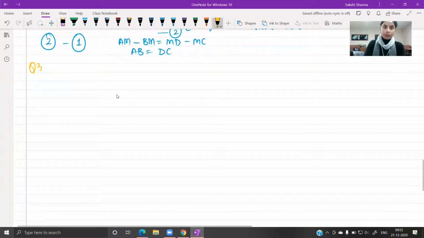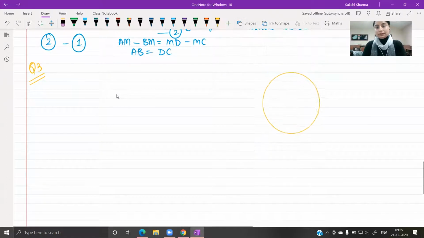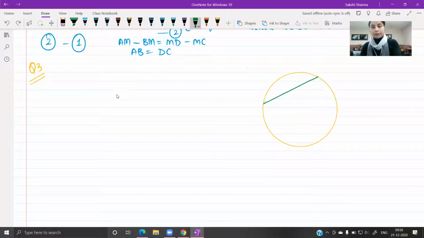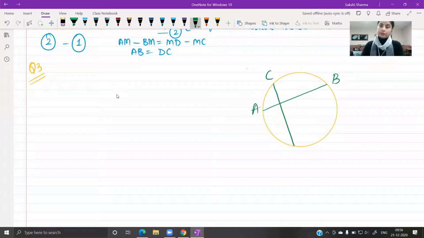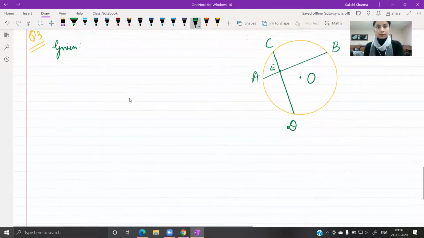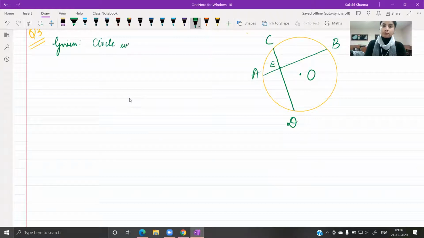Let's do this. Question number 3. Now, for the two questions that we have just discussed, the previous one and this one, I actually didn't require the radius.